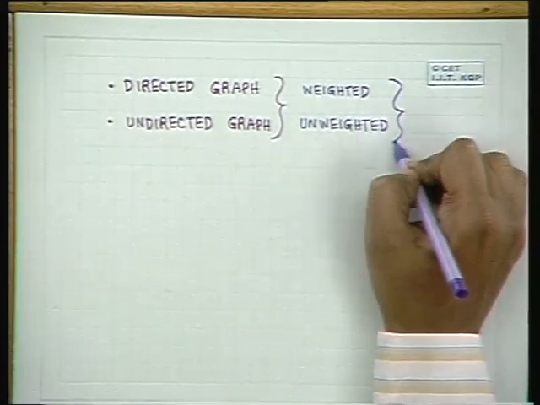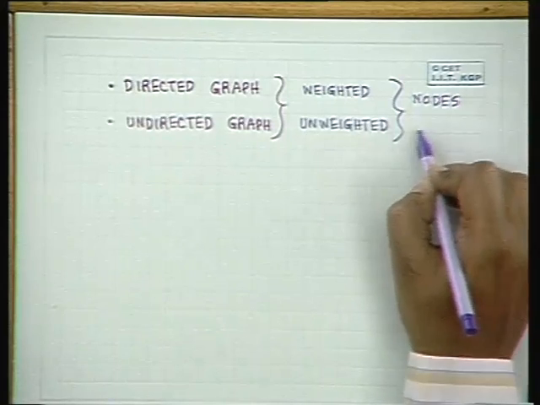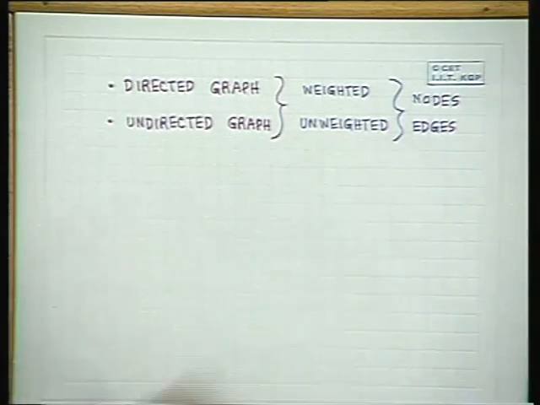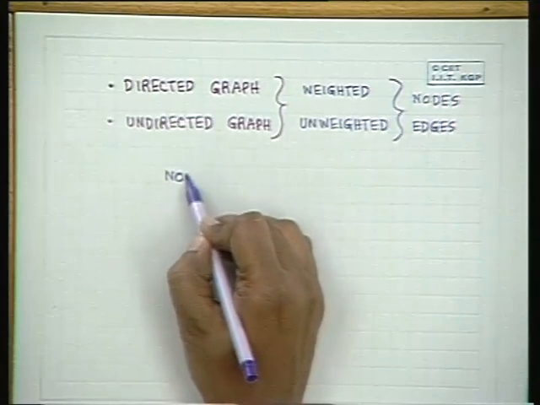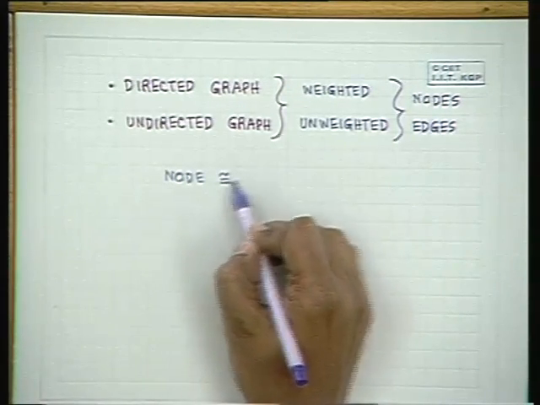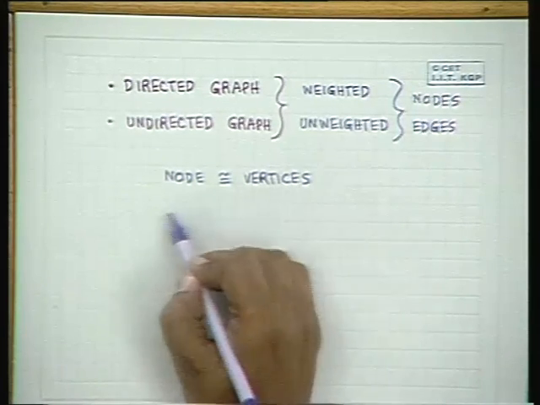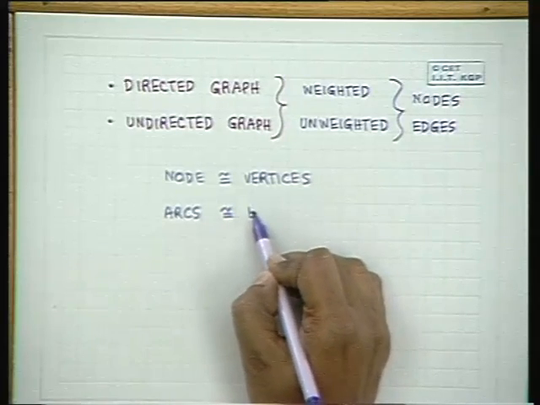And weights can be on both nodes as well as edges. We use the terminology nodes and arcs. So nodes is the terminology we use with vertices, and arcs is the terminology which we use with edges.